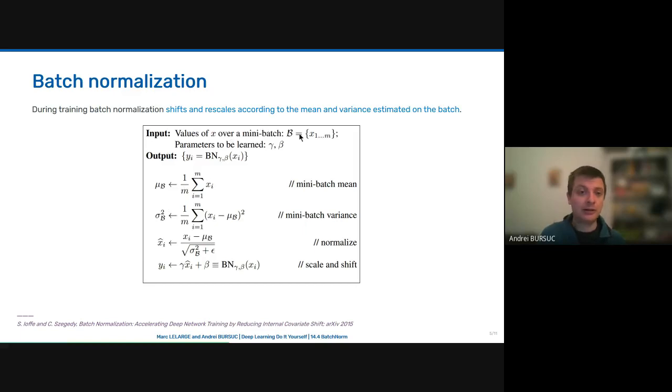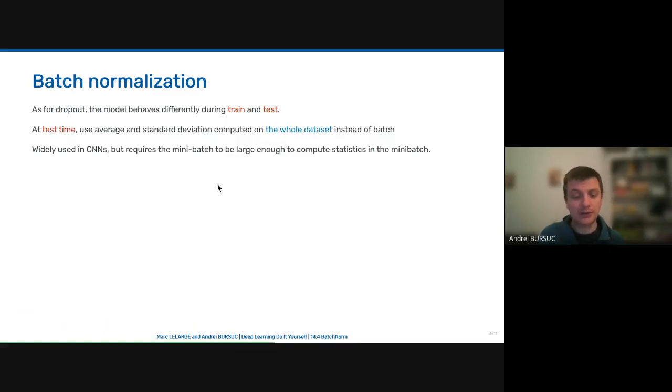So we shift and rescale the activations according to the mean and the variance that we estimate on the mini batch. But we need to pay attention, as we have seen for dropout, that this type of layer behaves differently during training and testing. At training we normalize by using the statistics from the mini batch. But at test time, we might have an arbitrary mini batch size. At train time we have, say, something like 64, but we can also have mini batches of size 1.